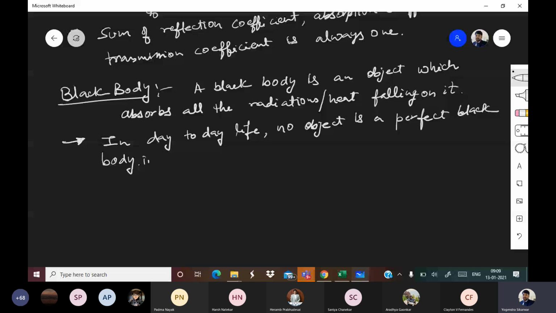That is, no object can absorb 100% of radiations falling on it.